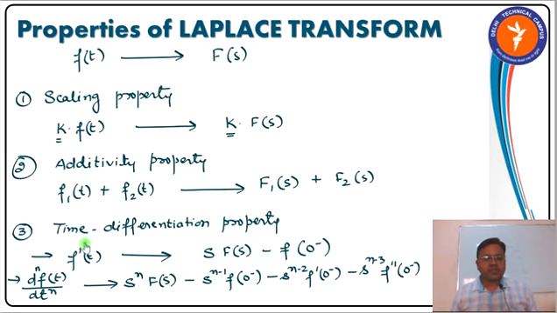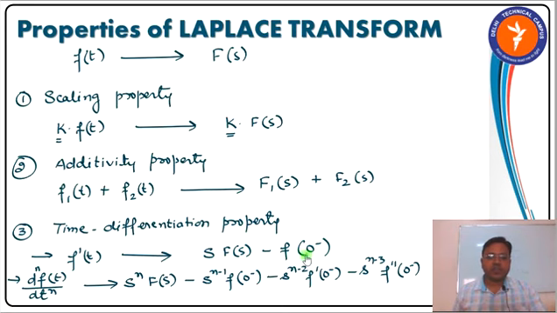The third property is the time differentiation property. If instead of f of t we had f dash of t, then its transform will be equal to s times F of s minus f of 0 negative. That is, the Laplace function of f of t will be multiplied with s, and a constant is to be subtracted.